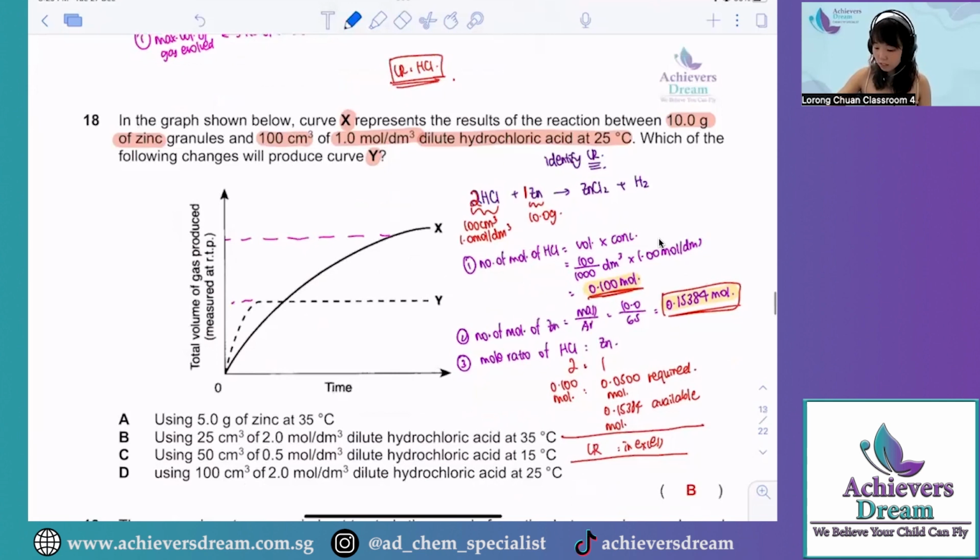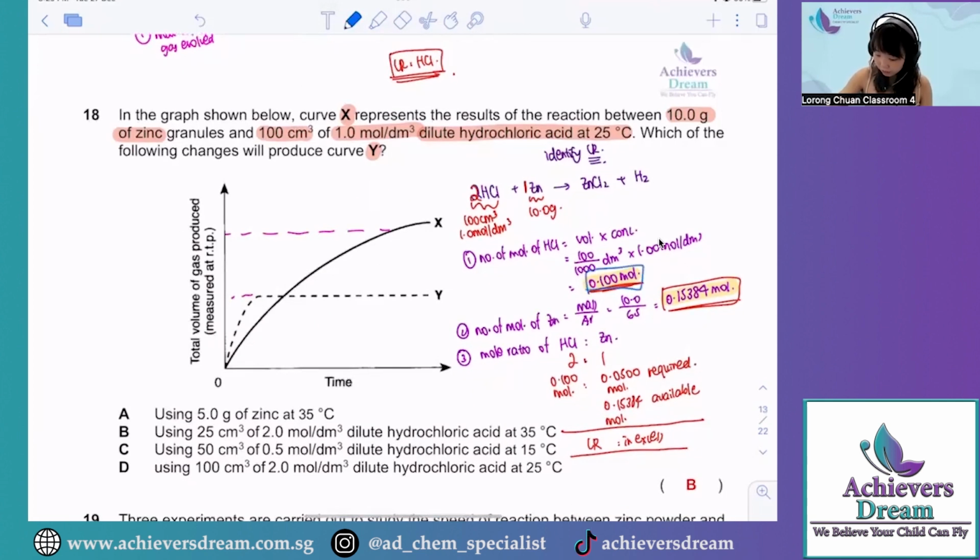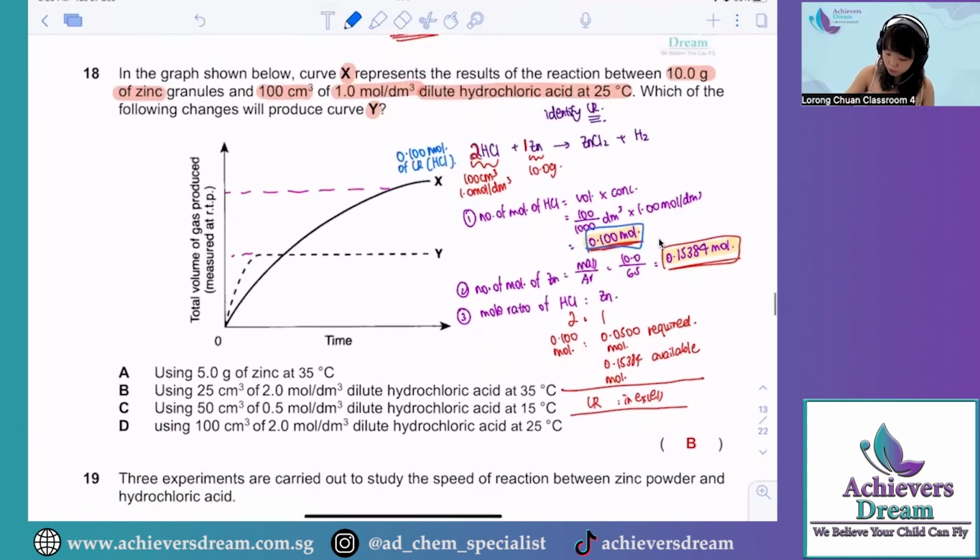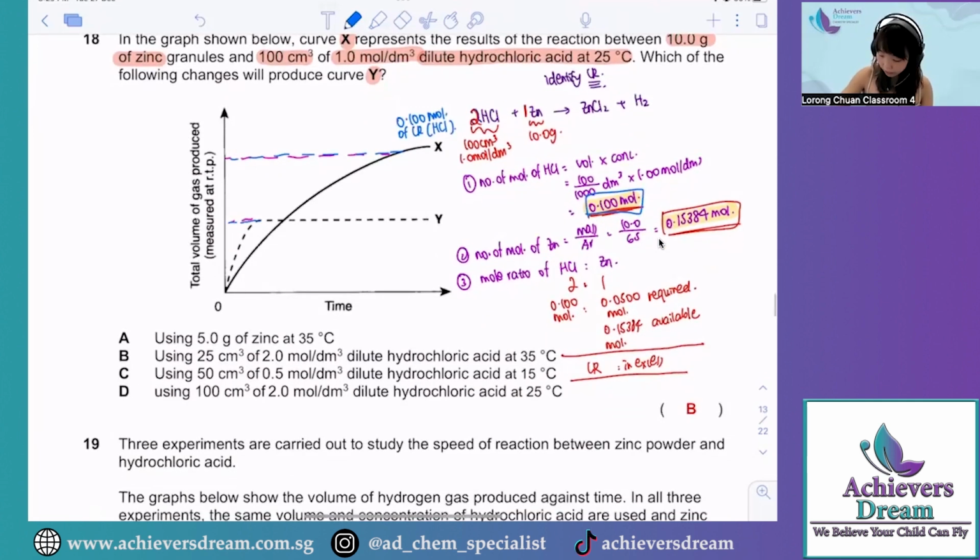In curve X, if I have 0.1 moles of limiting reagent, which is your hydrochloric acid, it produces this volume of gas. In curve Y, if I have half the maximum volume of gas, this means that I would also have half the number of moles of limiting reagent. Means in curve Y, I'm expecting 0.05 moles of your hydrochloric acid.